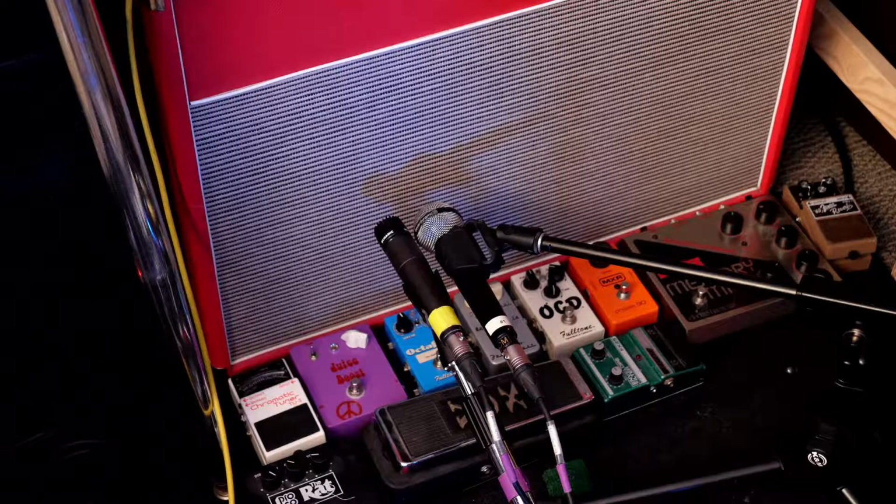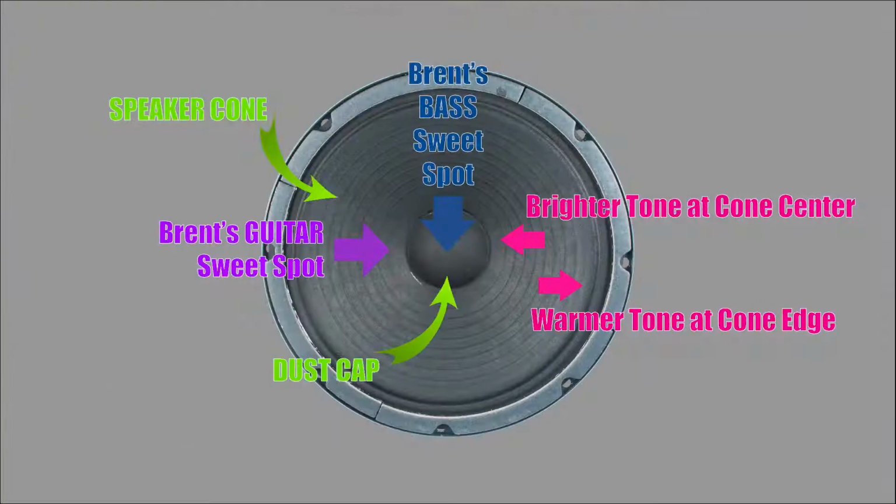Now, in behind that grill cloth, which is a very thick grill cloth, and for those of you that have struggled to see inside of a cabinet, I recommend that you have a flashlight around, because if you shine a flashlight through the grill, then you will be able to see the speaker inside. And the speaker will look something like this.